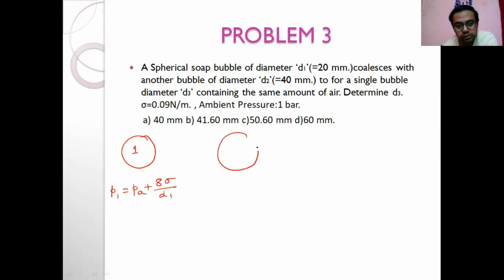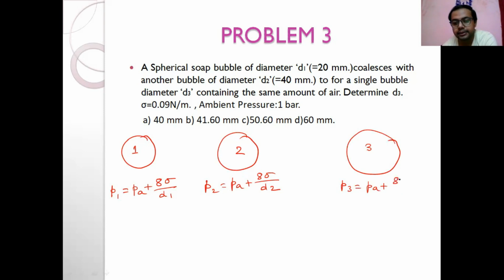Second bubble, P2 is Pa plus 8 sigma by D2. Third bubble, P3 is Pa plus 8 sigma by D3. The pressure is like that. Now inside there is only air.